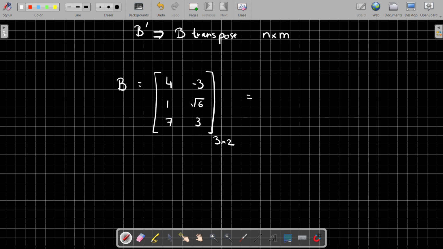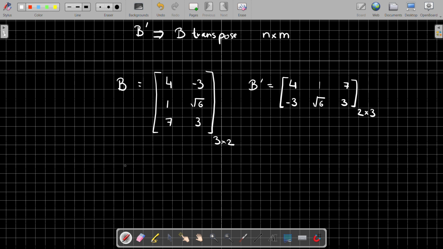If we start writing the transpose of this, B transpose, then this matrix will become 4, minus 3, 1, root 6, 7, 3, and the order changed to 2 by 3.